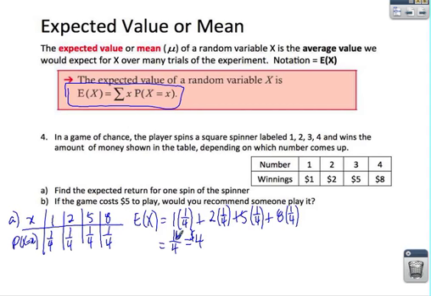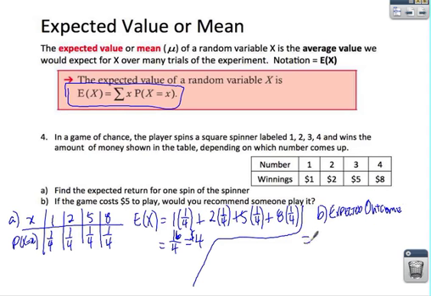What we'll do now is answer part B. It says if the game costs $5 to play, so I'm going to answer part B over here. If the game costs $5 to play, would you recommend someone to play it? Well, the expected outcome, including the money that you have to pay to play.